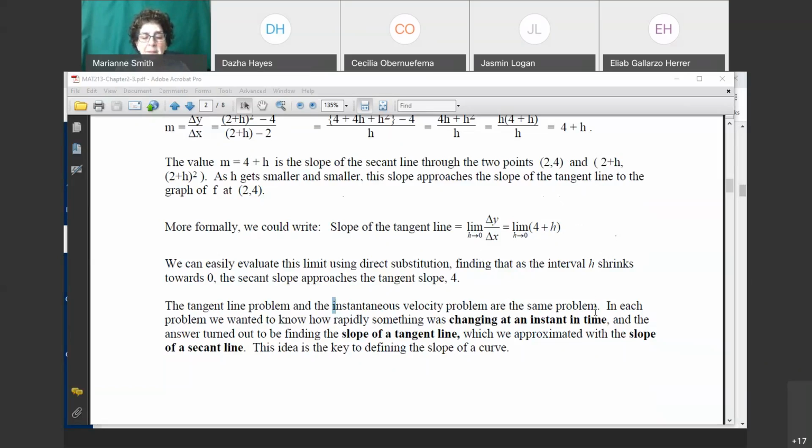And I'll put them in the chat. So slope of a tangent line at a certain point, A, F of A, instantaneous rate of change, and the derivative.